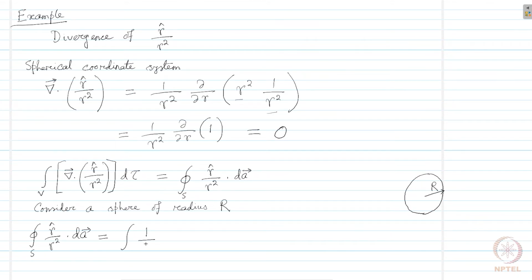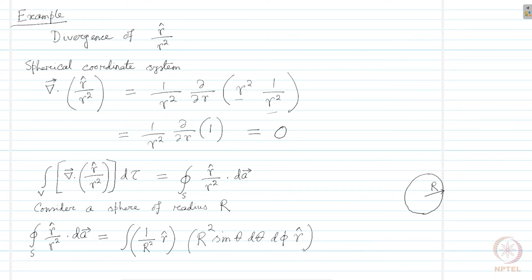It is, after putting the value for r, that is small r, that is capital R, because we have restricted ourselves on the spherical surface, r cap times capital R squared sin theta d theta d phi r cap.